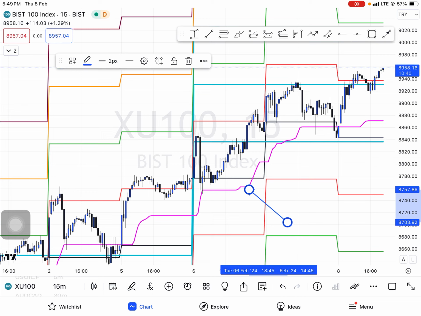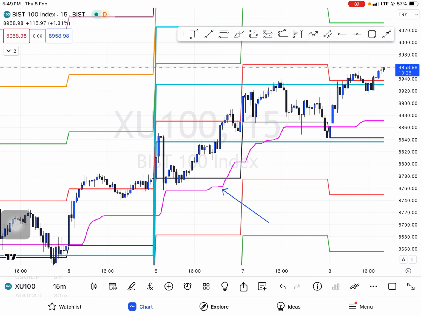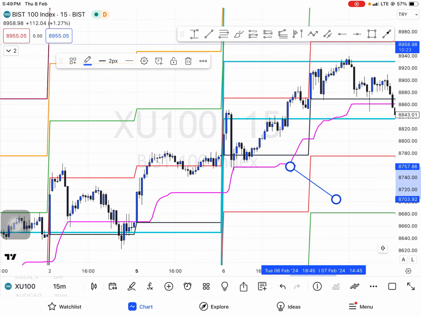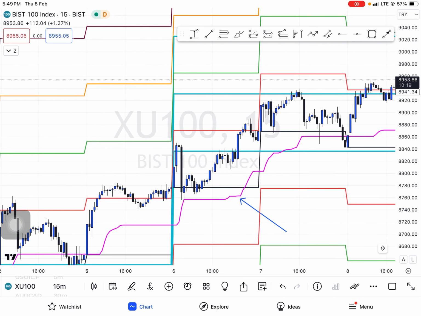I have kept this line in a different indicator, and that's my most commonly used indicator for everything like forex and so on. But as you can see, once the price breaks the levels, the price is respecting this particular line a lot.